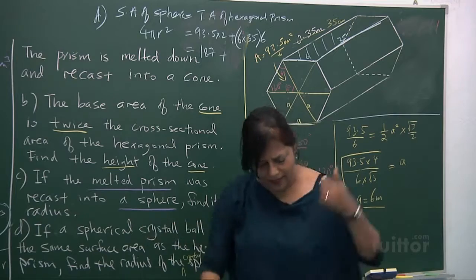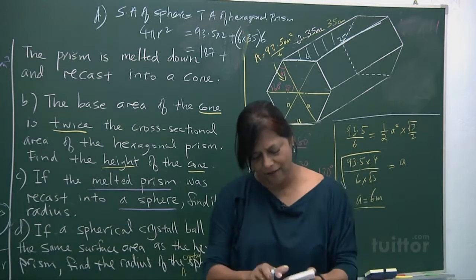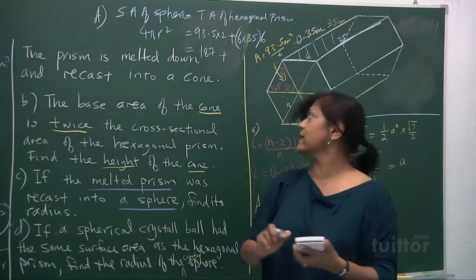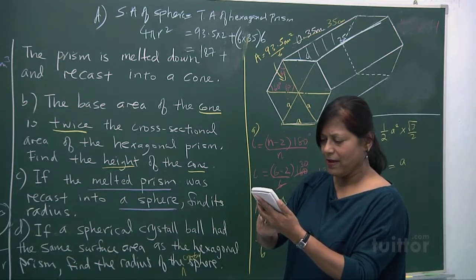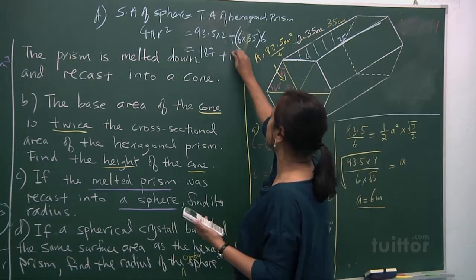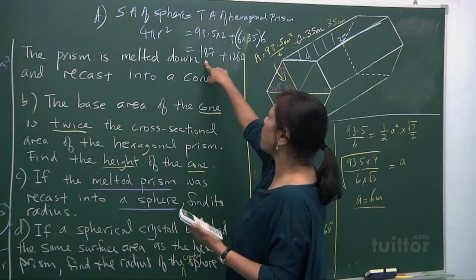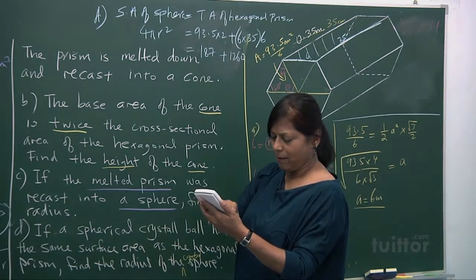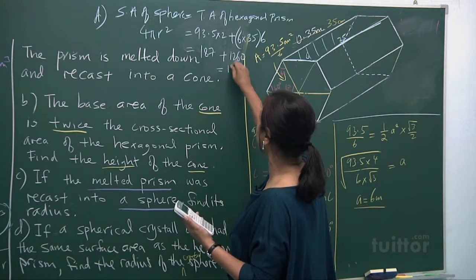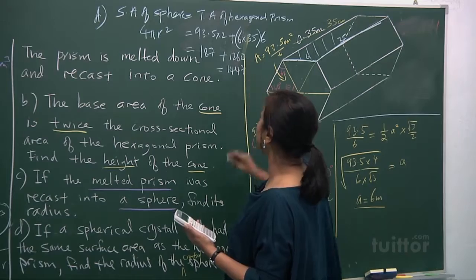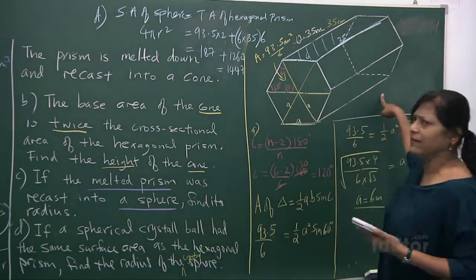Plus, look at this, 6 times 35 times 6. So 6 times 6 is 36 times 35, and we've got 1260. Add it with 187, and you get 1447.